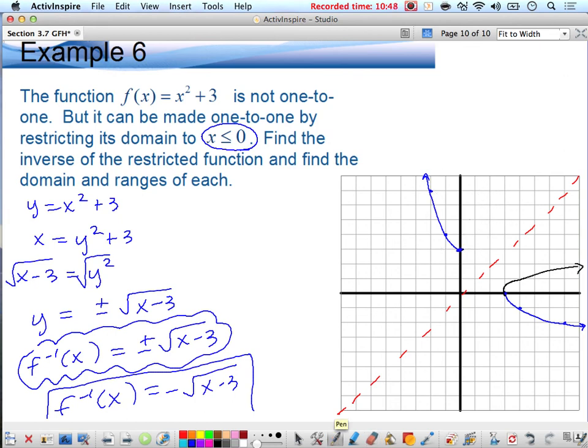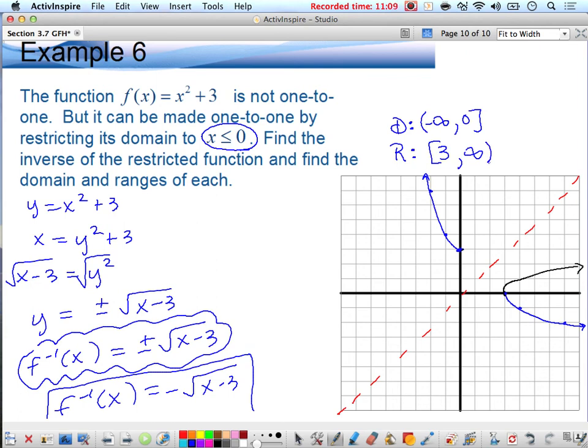Okay, I want to find the domain and range of just this piece right here. That's the last thing. What's the domain of the original? Negative infinity up to 0. I cut it off, less than or equal to 0. What's the range? From bottom to top, it starts at 3 and goes to infinity. Now watch this.